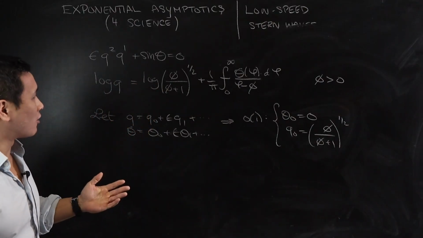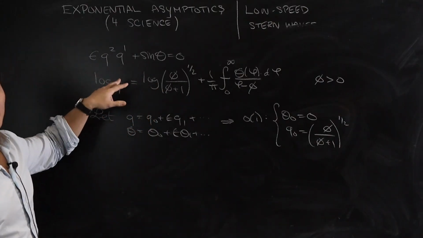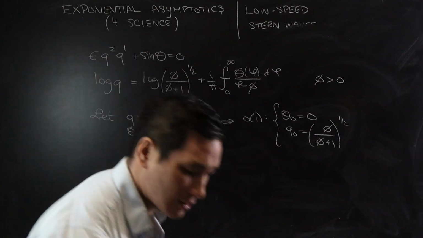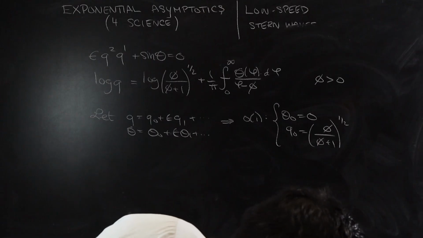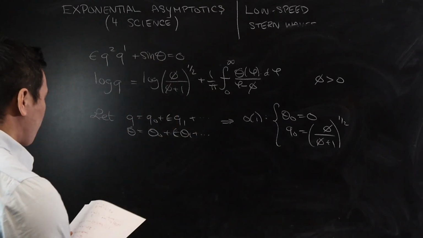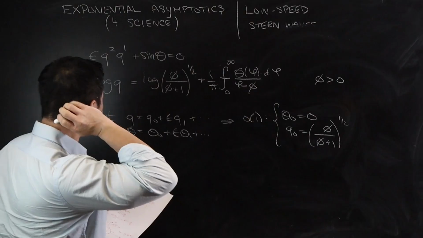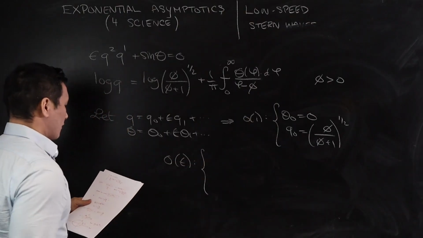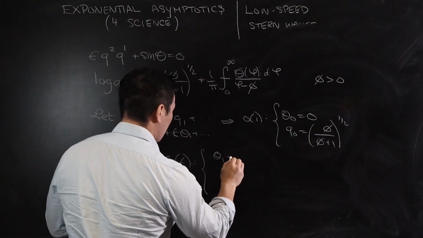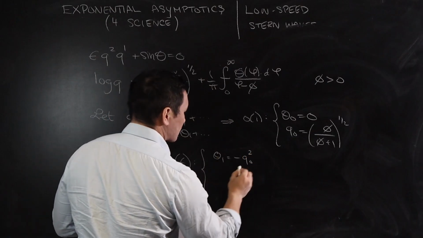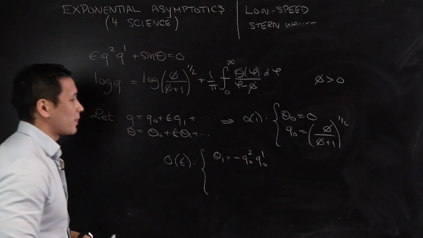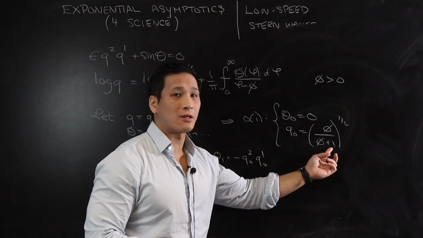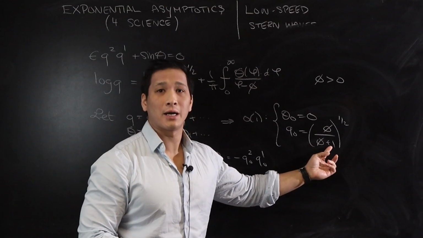The other thing that we know is that because of the singular perturbed nature of the problem, to get the next order in the approximation, for example, if I want to get theta 1, I have to go to the order epsilon terms, and to get theta 1, I need q0 squared times q0 prime. So again, I have this trend where I have this singularity in the complex plane. This time it lies at -1.